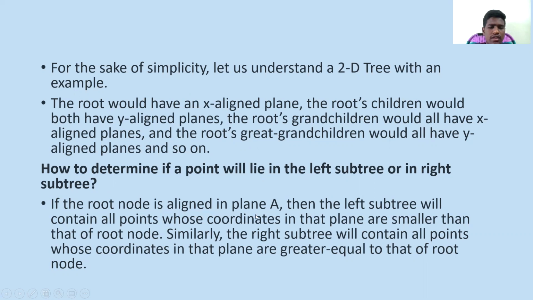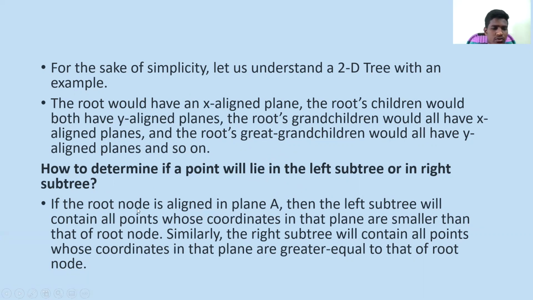If the root node is aligned in plane A, the nodes towards the left side are less than the root node, and the nodes on the right side of the root node are greater than the root node, so greater values should be in the right subtree, same as the BST.